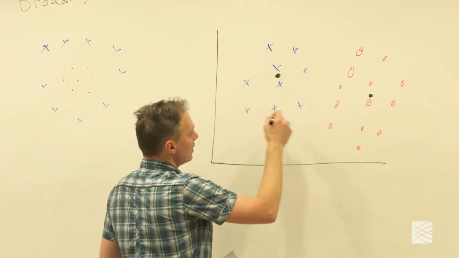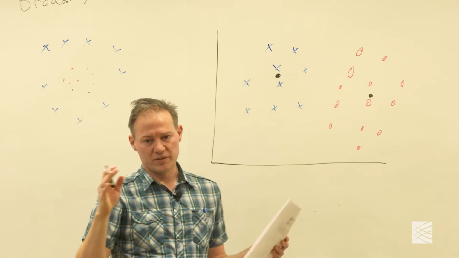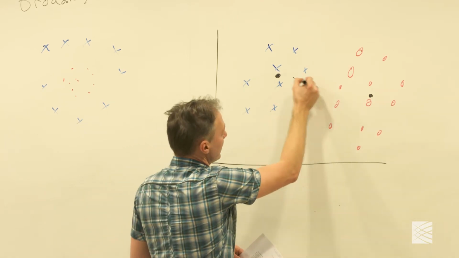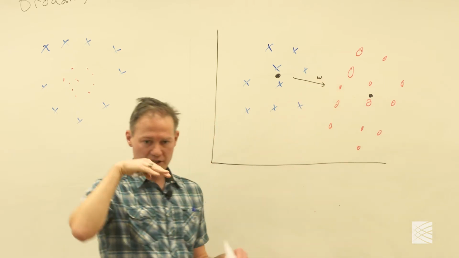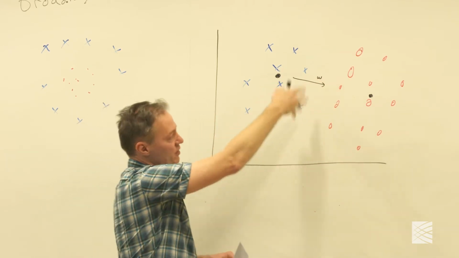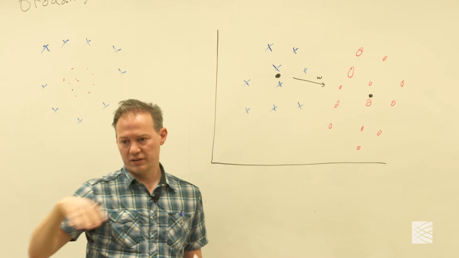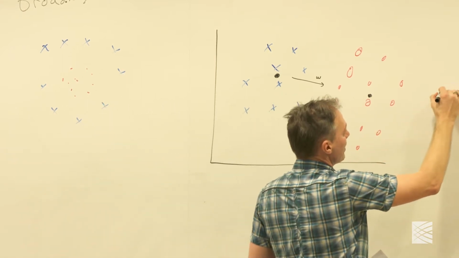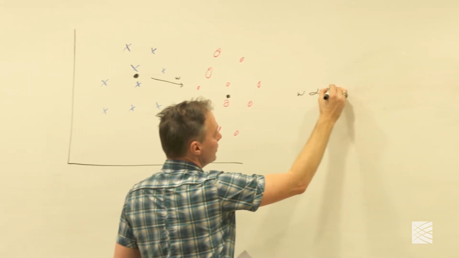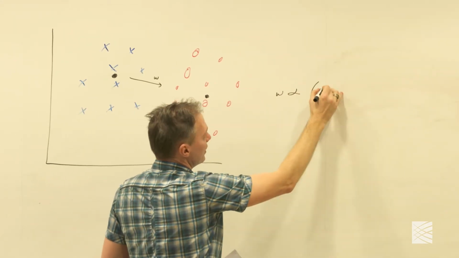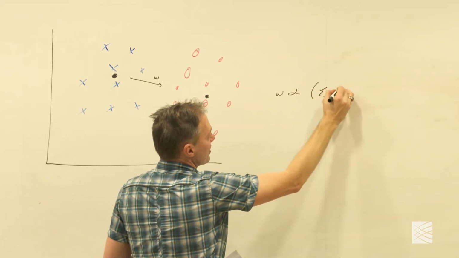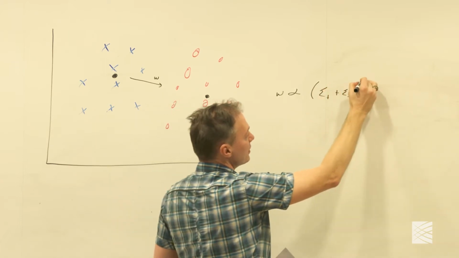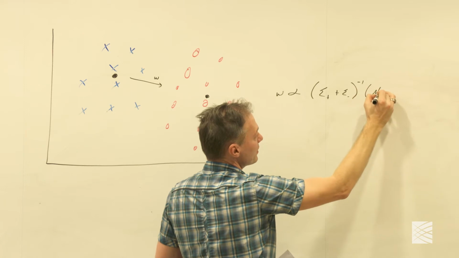You also look at the sum of their covariances, and you get some vector W, which when you project upon it, separates the two data under some optimality, some loss. And that W is proportional to the sum of the covariances of the positives and the negatives, inverted, times the difference of their means.